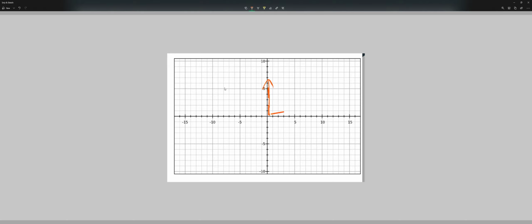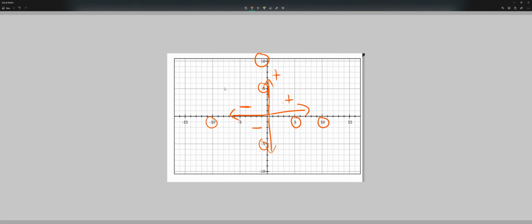So in math, when we're making a plot like this, if we go north, we go up, and your numbers are going to be positive. And if we go right, our numbers are going to be positive. Now, if you go down or to the left, your numbers start becoming negative.